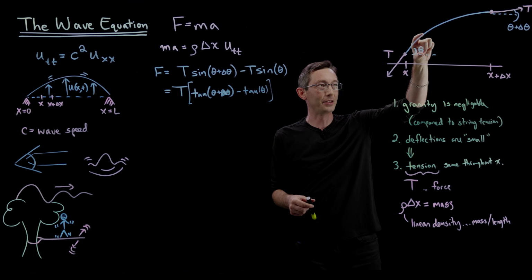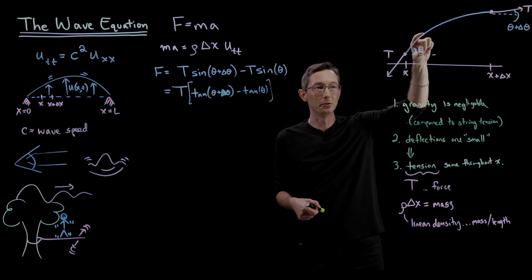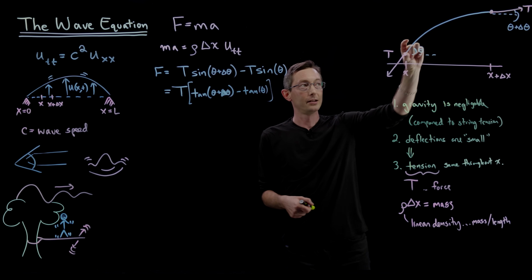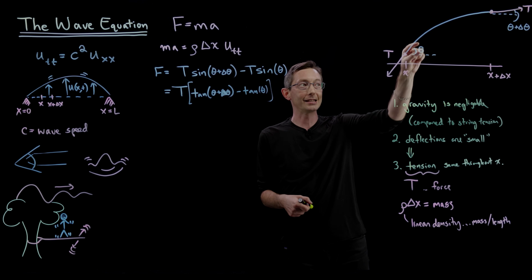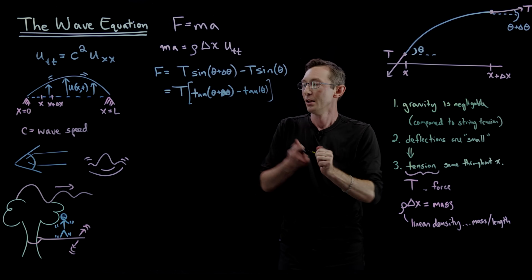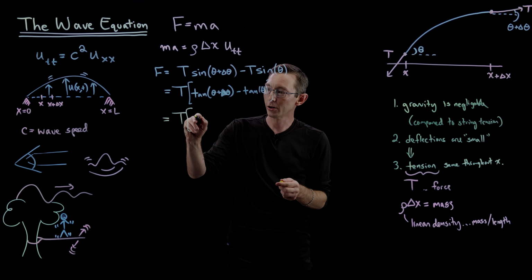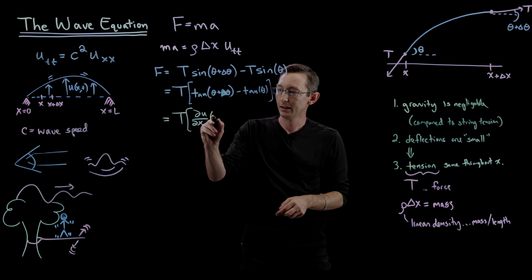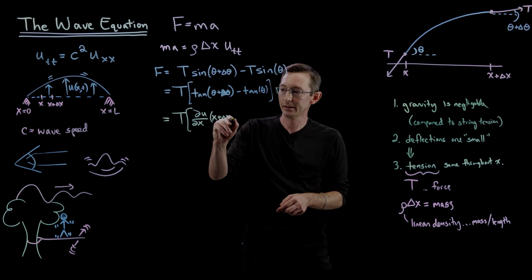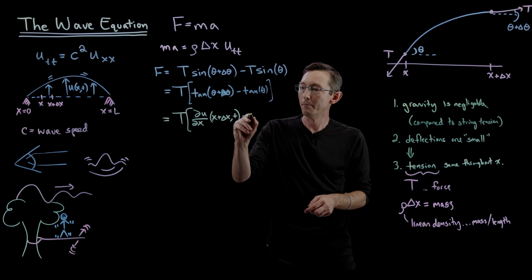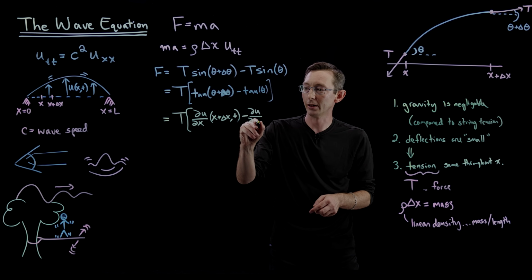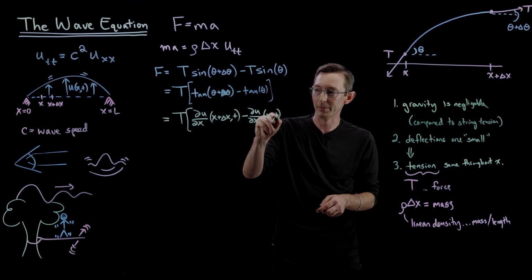So that's essentially partial u, partial x. So partial u, partial x is tan of theta. So this is essentially partial u, partial x evaluated at x plus delta x minus partial u, partial x evaluated at x, at my given time t.